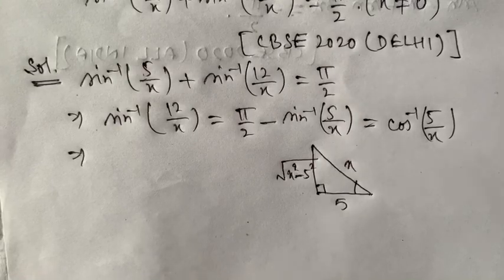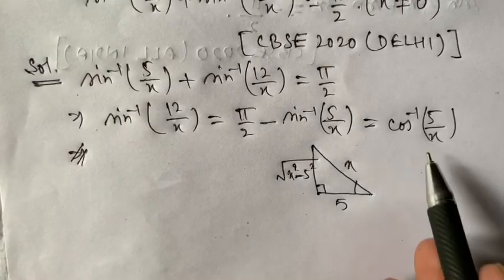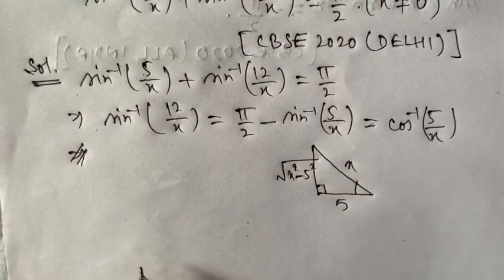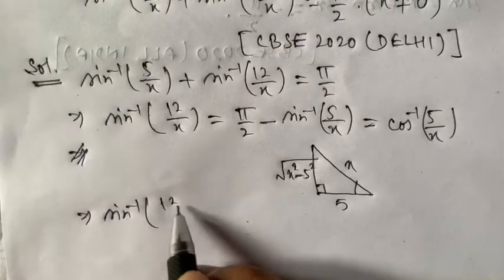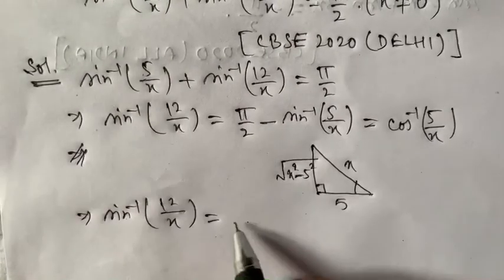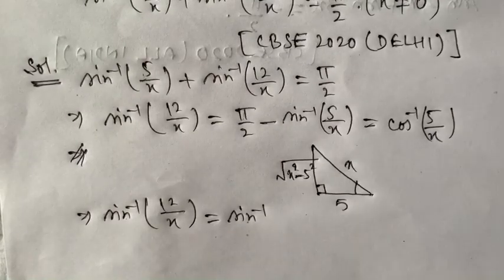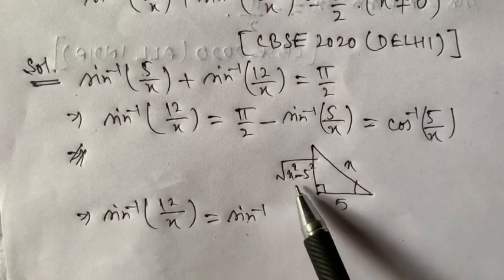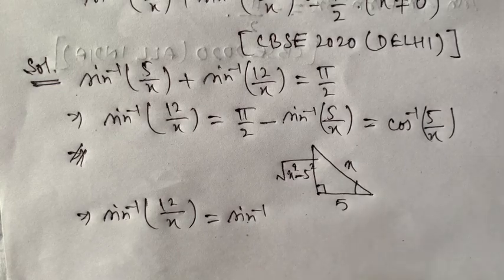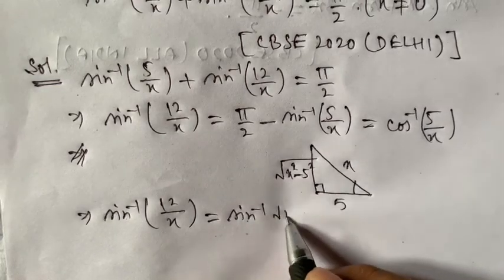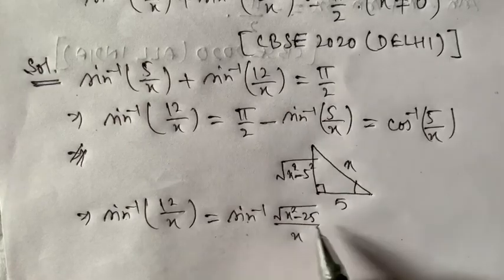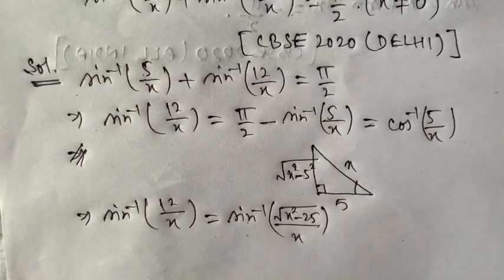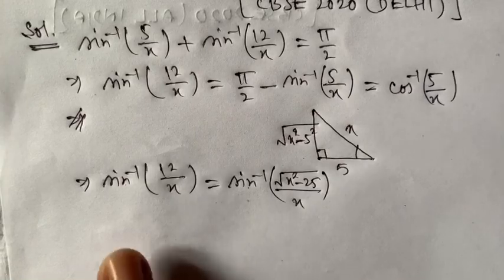So in place of cos inverse of 5 by x, when we want to write it in terms of sine inverse, we will write sine inverse of p by h. P is root under of x square minus 25 and h is x there. So now we have sine inverse on both the sides.